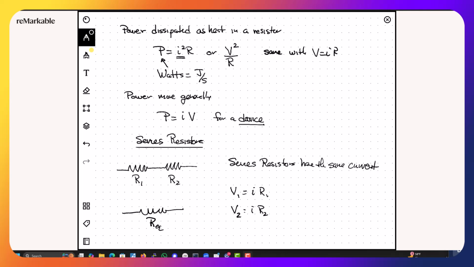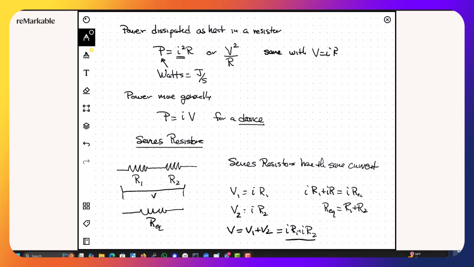So the voltage across the pair, V, is V1 plus V2, and that's going to be equal to I times R1 plus I times R2. So that's the voltage across the pair, V. Same voltage here. So I R1 plus I R2 must be equal to the same current times R equivalent, or R equivalent equals R1 plus R2.